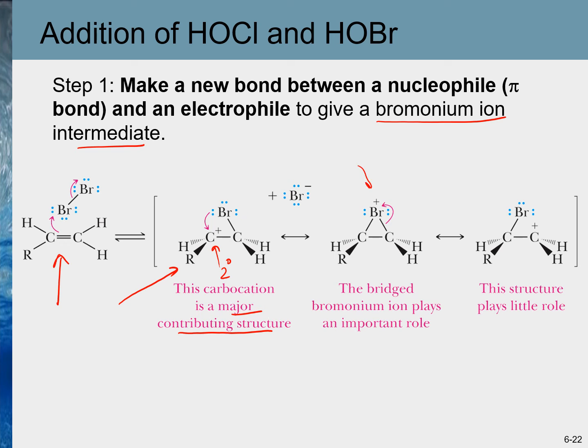In the second structure, we have a bridged brominium ion, and this bridged brominium ion plays an important role to maintain the geometry or stereoselectivity of the reaction. Now the third structure shown here, as we can see, has the positive charge on a primary carbon. So this is a primary carbocation, and we know that primary carbocations are not very stable, so this structure plays very little role.